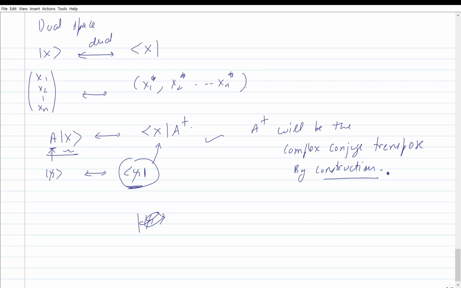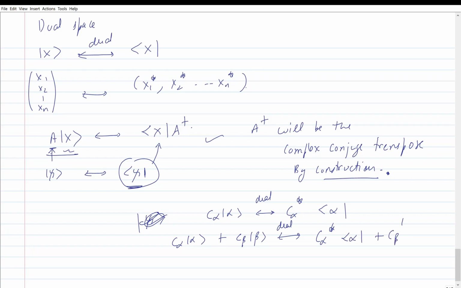So we've already seen what happens to the vectors. This is all dual space. The vectors over here are the column vectors, the vectors over here are the row vectors.